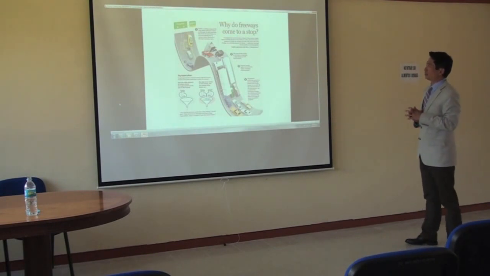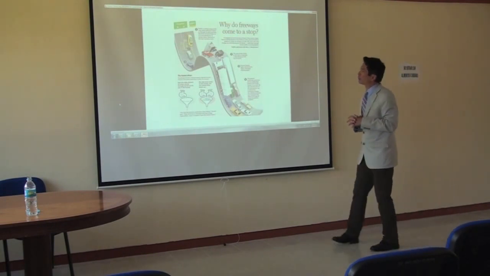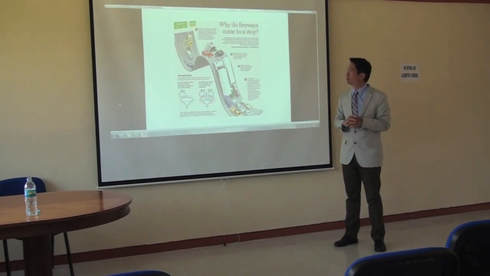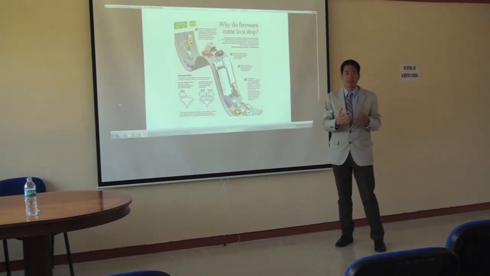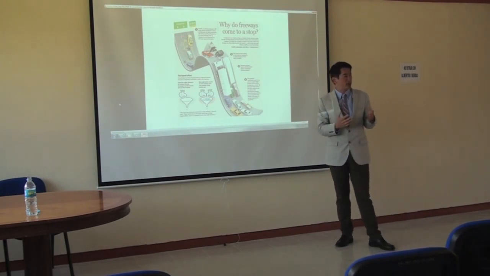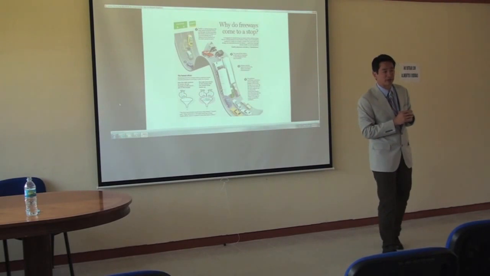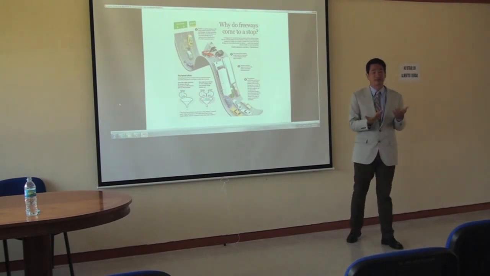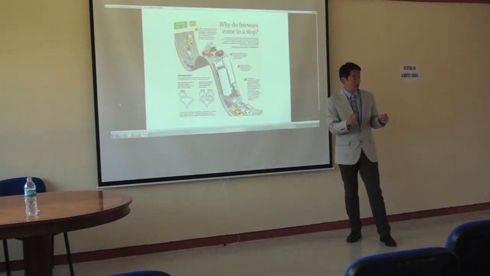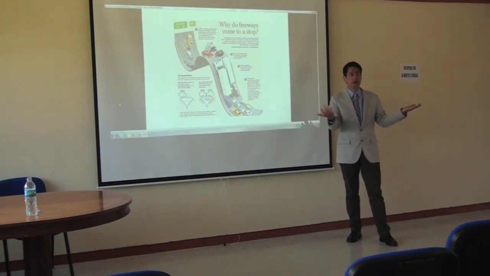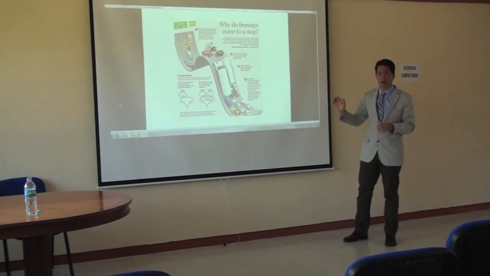I like this particular one because this was a graphic that was presented in the Los Angeles Times newspaper explaining the experience of us living in Los Angeles when we're driving on the freeway and everything's going fine and then suddenly there's traffic. Where did all the cars come from? And this kind of explains it.